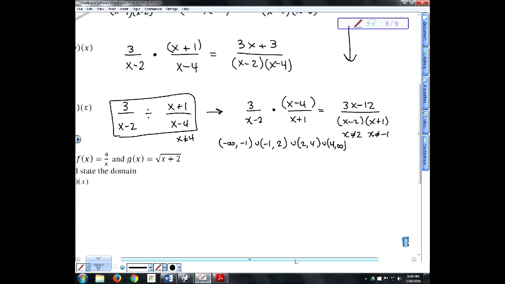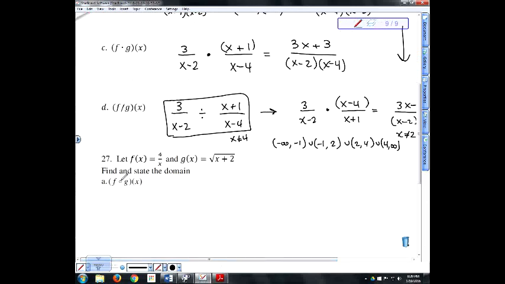Okay, f of g. So the g function is going inside the f function. The f function is 4 divided by an input, and the input this time is the g function, square root of x plus 2.